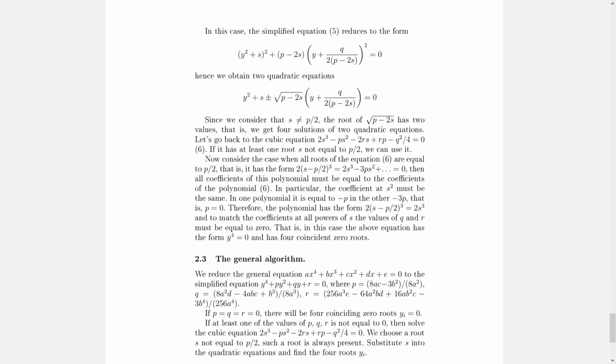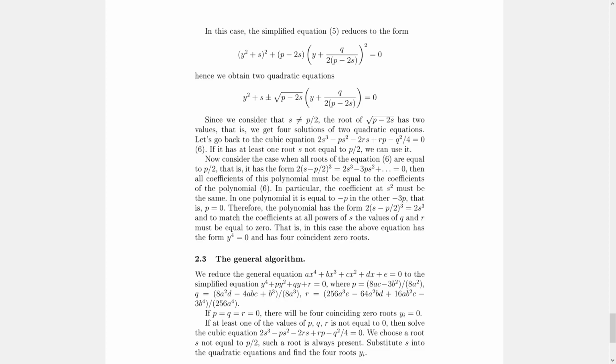In this case, the simplified equation reduces to the form y squared plus s squared plus p minus 2s multiplied by y plus q divided by 2 times p minus 2s, squared, equals 0.